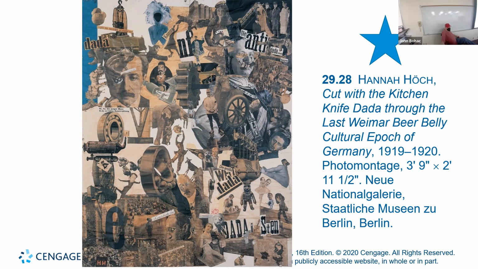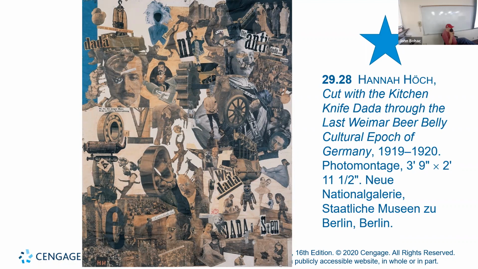And so this is Hannah Höch. Cut with the Kitchen Knife Dada through the Last Weimar Beer-Belly Cultural Epoch of Germany. Well, that's a mouthful. But what this is really is a big political statement about the inept government and the corrupt government, because everything was chaos.